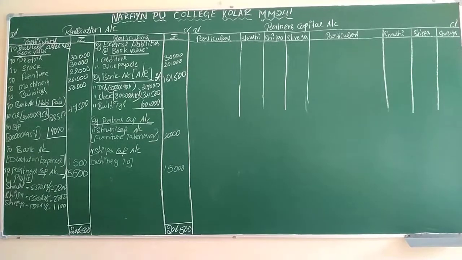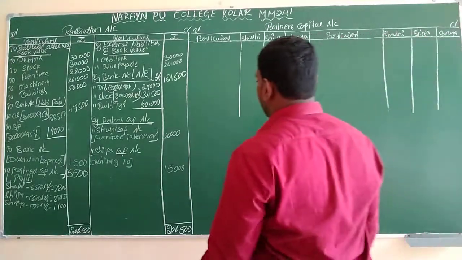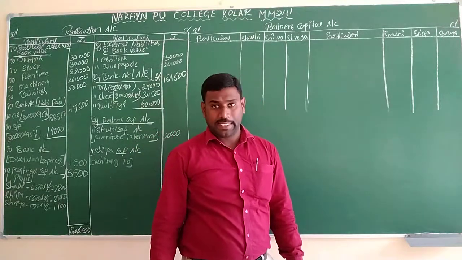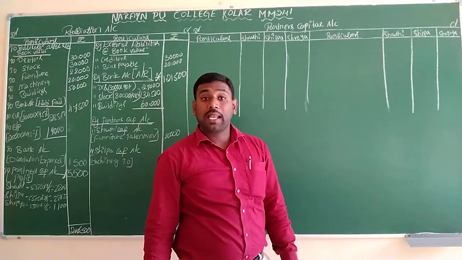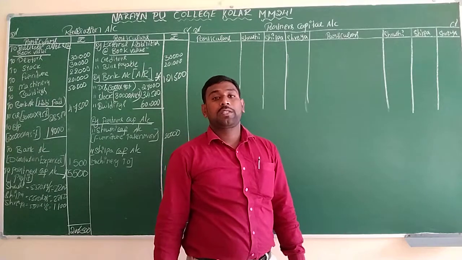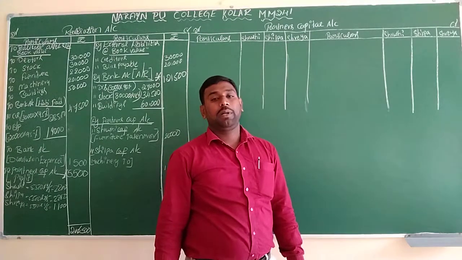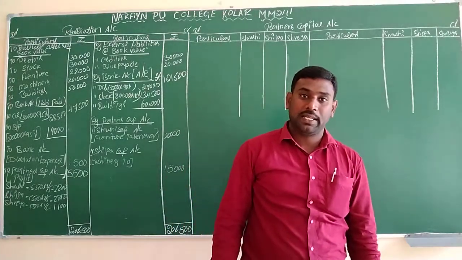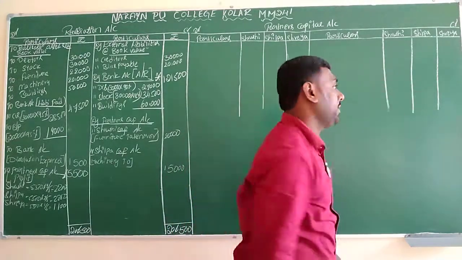Here we follow some steps while preparing this. Step number 1 under partners capital account: always we should transfer the opening balances. The opening balance is always available in the previous balance sheet under the side of liabilities, that is the left hand side.